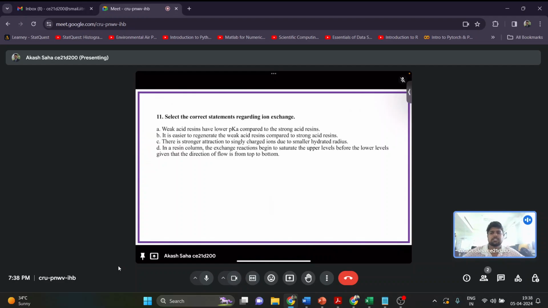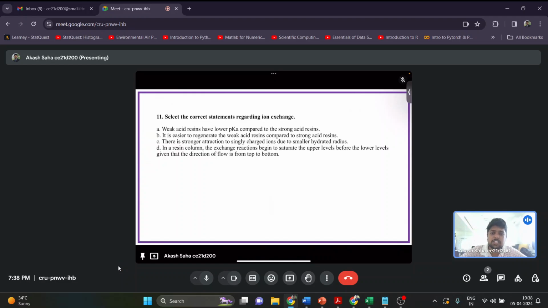So if you see statement A, weak acid resins have lower pKa compared to strong acid resins. So generally pKa is defined as the negative logarithm of the Ka value. Okay, so definitely weak acid resins will have a pKa greater than the strong acid resin because it's a negative logarithm. So option A is incorrect.